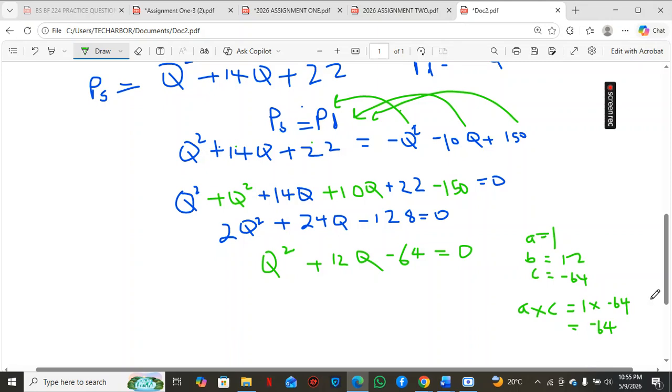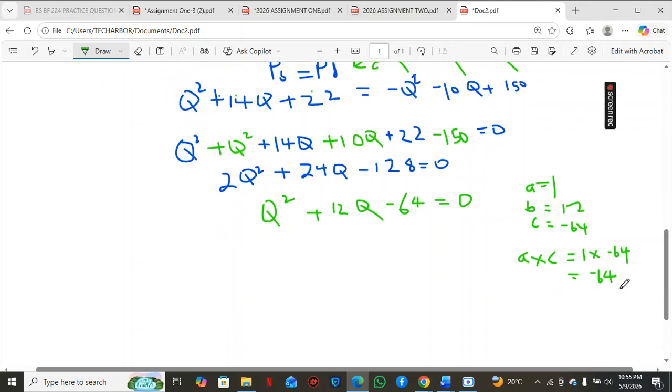So we have to find two factors of 64 that when you multiply them, they give you negative 64, and when you add them, they should give you positive 12. So let's see, factors of 64. We've got 2 and 32. That one won't fly. Let's see, we've got 16 and 4.